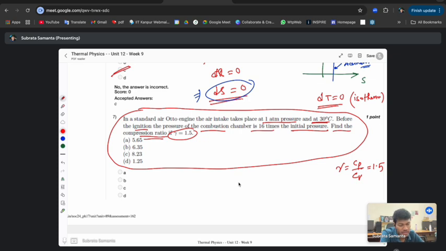The pressure P2 is 16 times P1, so the final pressure P2 is 16 times your initial pressure.